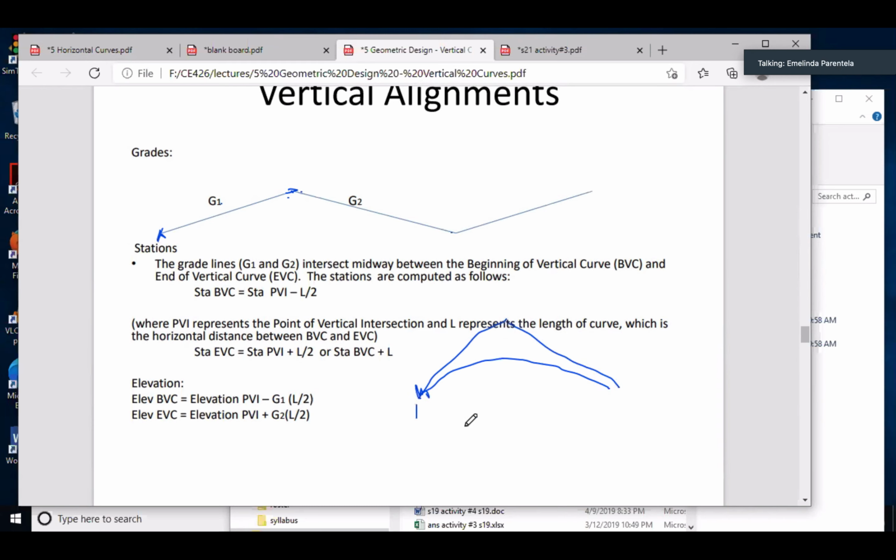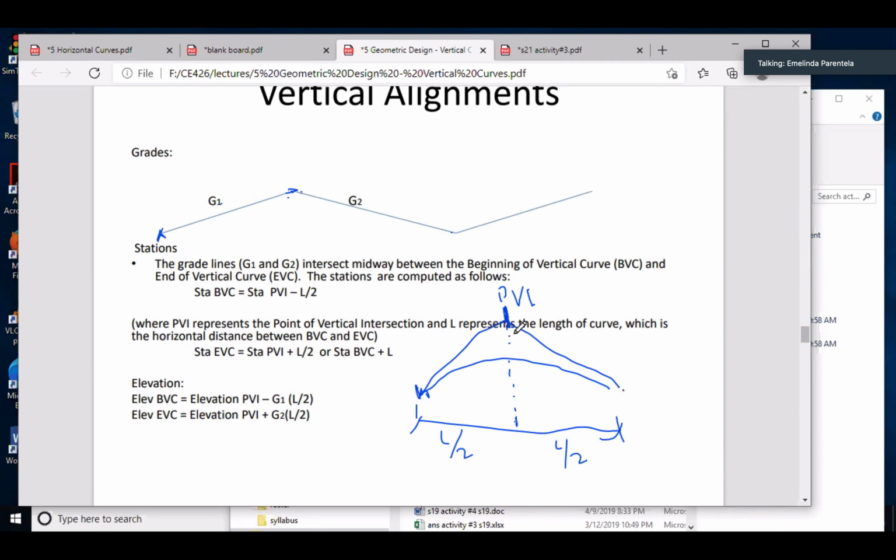It's always with respect to L. So here, equal tangents, meaning the center of the curve, which is the point of vertical intersection, should always be at the middle of the curve. So it's always at L over 2. That's your reference point. So that's why you have elevation of PVI minus G1 times L over 2.